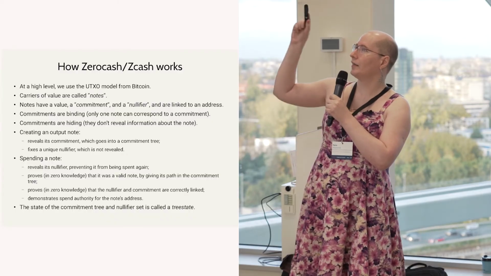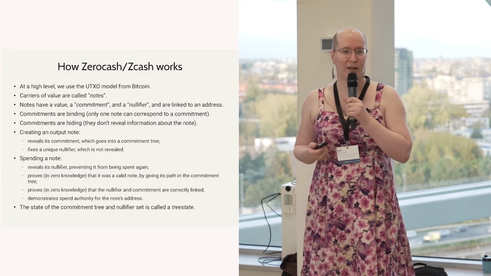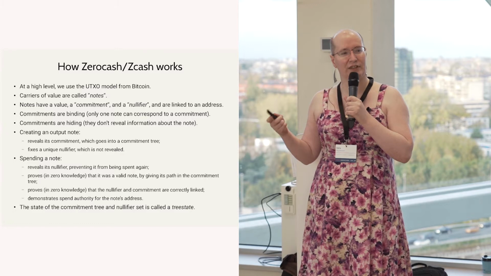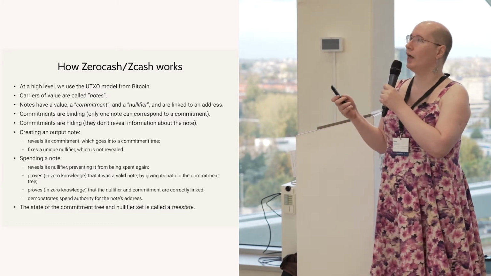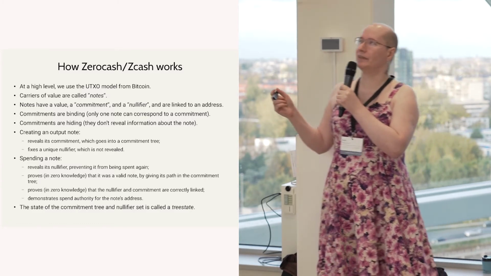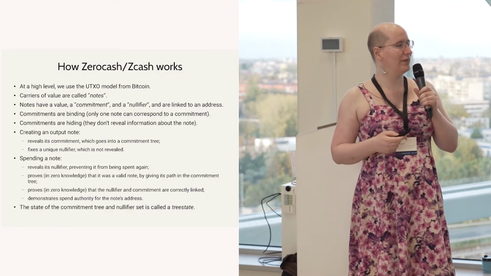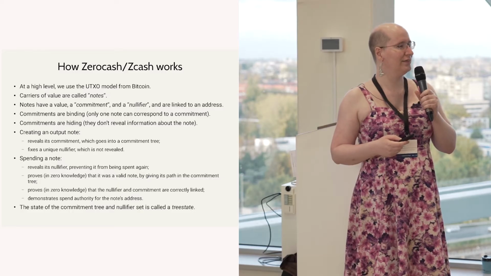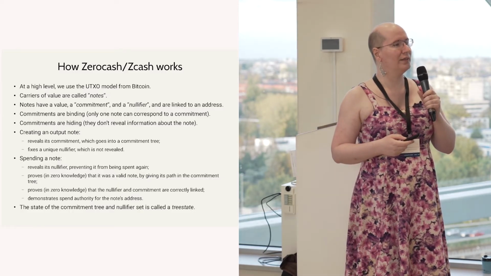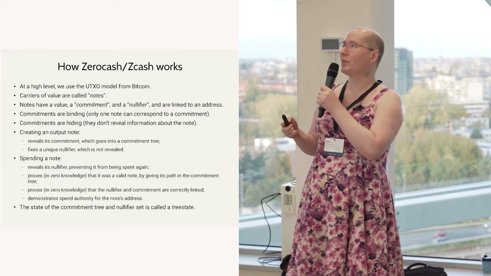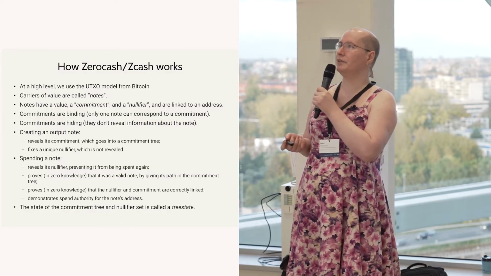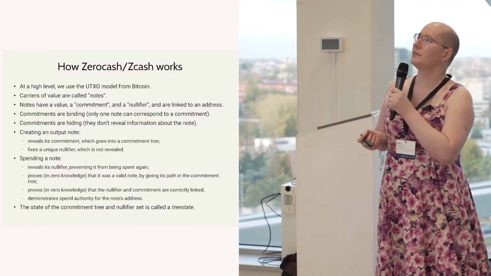Applying this to the Zerocash protocol, which is implemented in Zcash, we're basically using the UTXO model. Are people familiar with the UTXO model already? Okay, yeah. Instead of UTXOs, we call them notes.